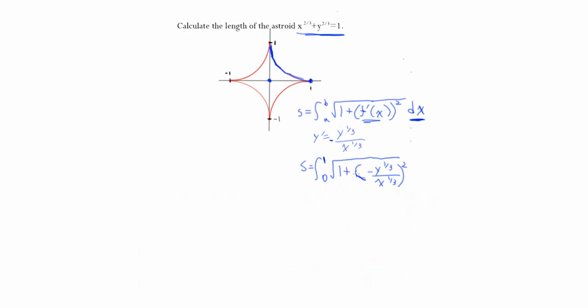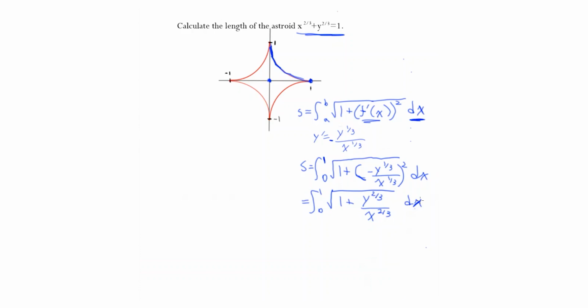And we square that. And let me rewrite that out again, but we're going to get rid of the square. So it'll be y to the 2/3 over x to the 2/3 dx, and the negative sign disappears because when you square something, the negatives cancel out.